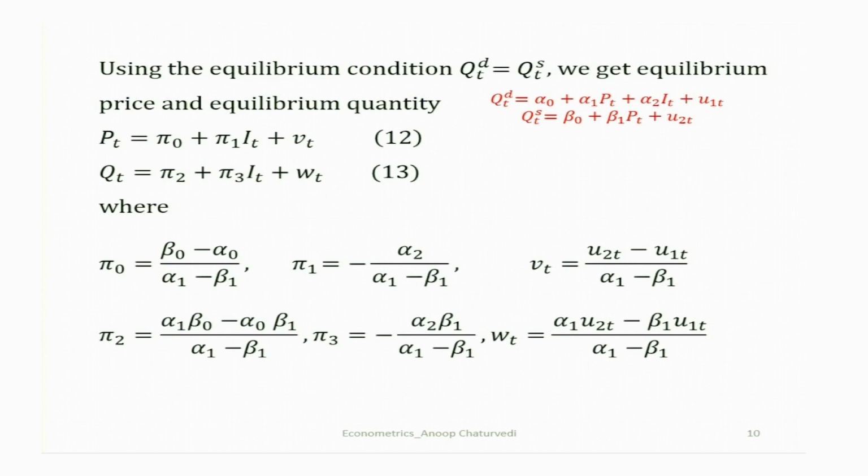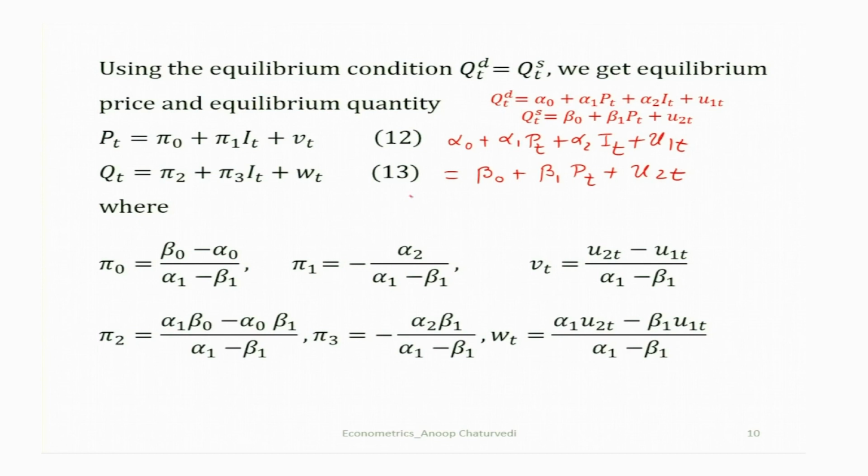Again, using the equilibrium condition q t d equal to q t s, we get the equilibrium price and equilibrium quantity. So, we take alpha naught plus alpha 1 p t plus alpha 2 I t plus u 1 t equal to beta naught plus beta 1 p t plus u 2 t.